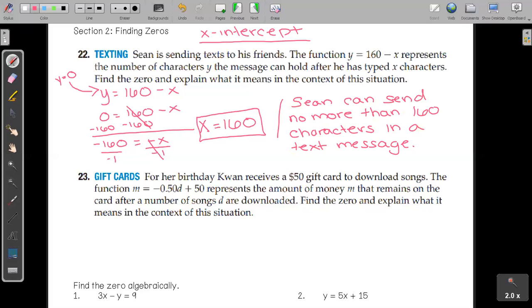So we always need to know what it means in context. We don't want to just find the solution. We need to know what that actually means.